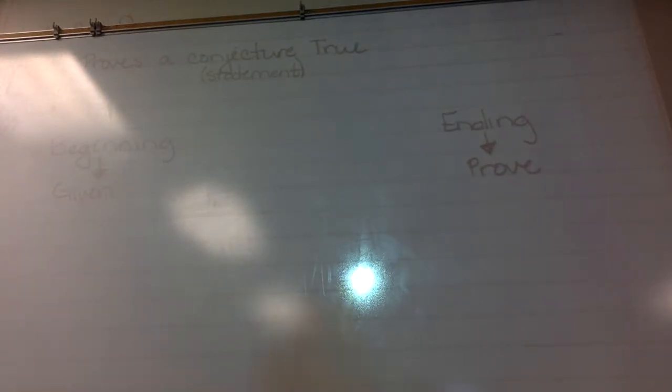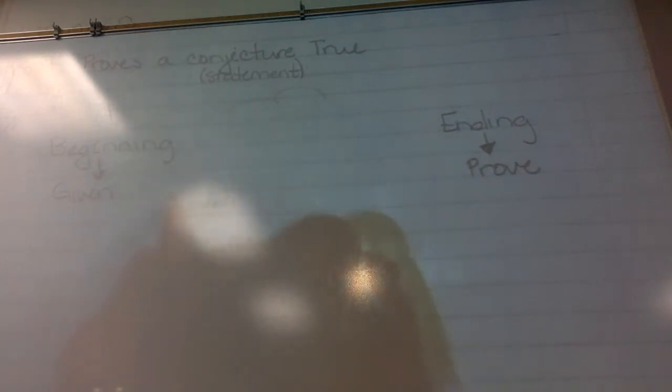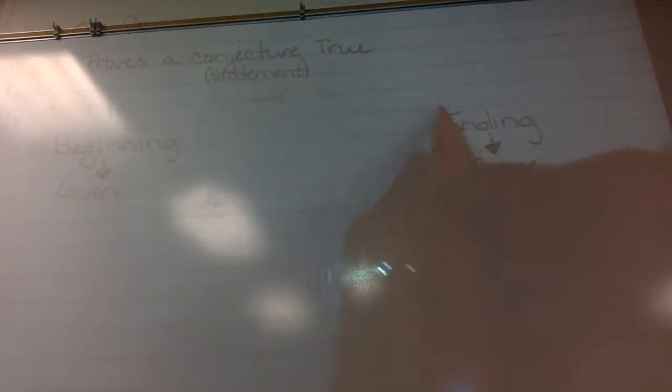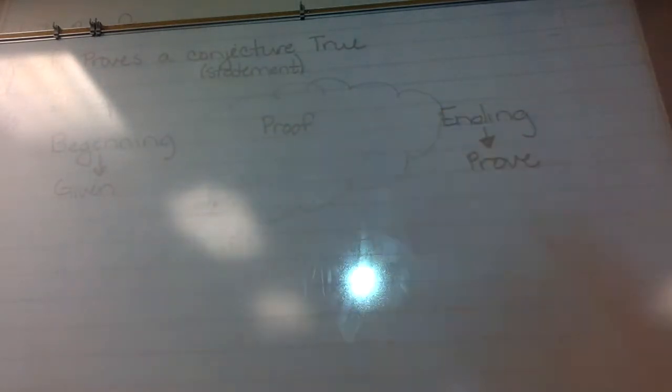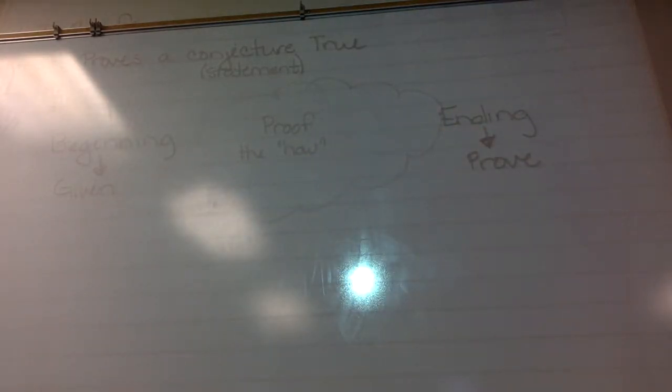And the proof is what happens in the middle. How do you get from the beginning to the end? That's the big idea of a proof. It's the how. How to get from the beginning to the end.